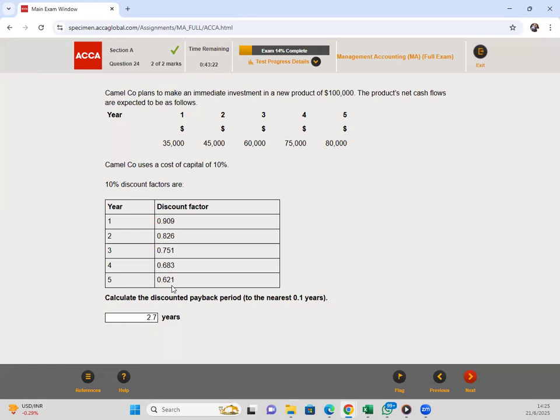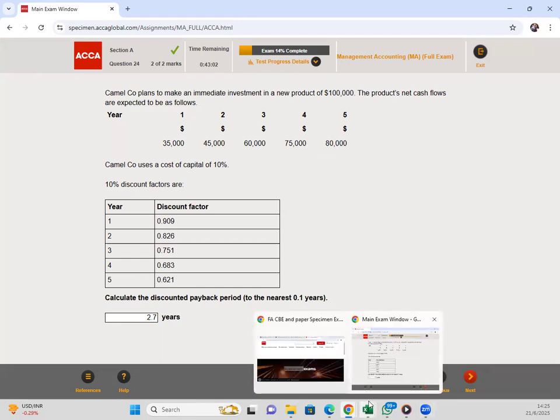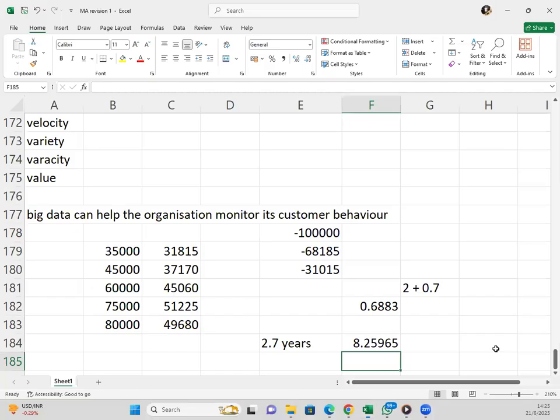And take note, if you are using the payback period, net present value, IRR, these methods use cash flow, not profit. If you are given profit, adjust that to cash flow. So there's a difference; don't just use the amount given. You need to check whether it is profit or cash flow.